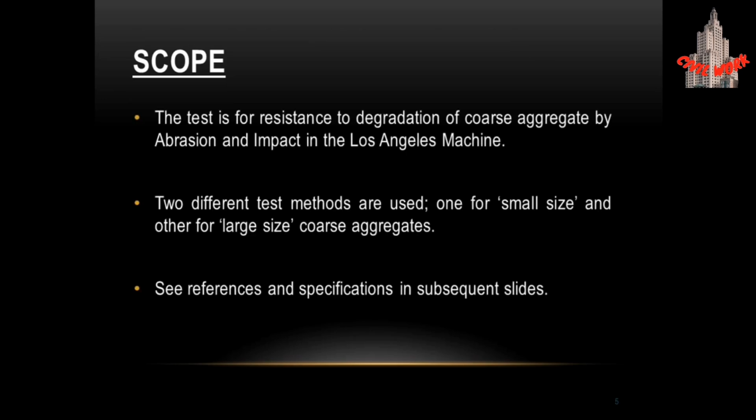Coming towards the scope of the test, it is for the resistance to degradation of coarse aggregate by abrasion and impact in the Los Angeles machine, which we have discussed earlier, and we also have discussed its parts. Two different test methods are used, one for small size and one for large size coarse aggregates.